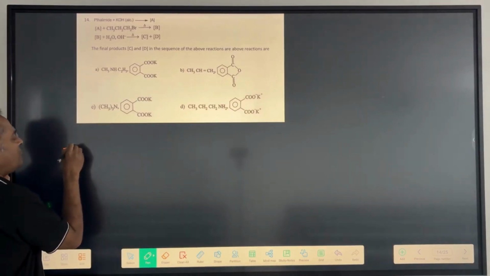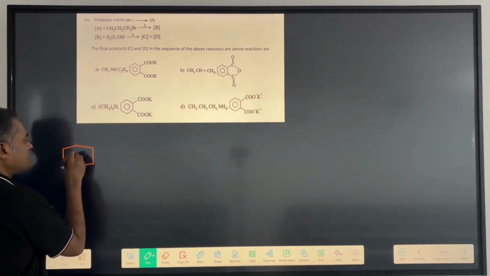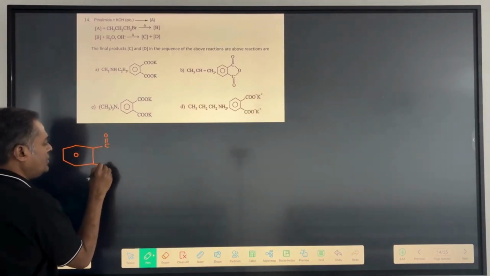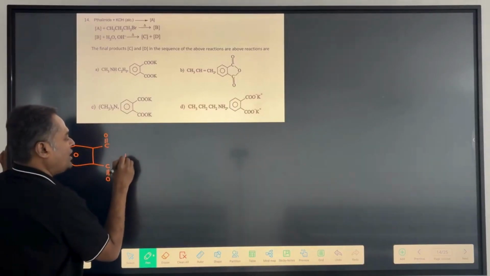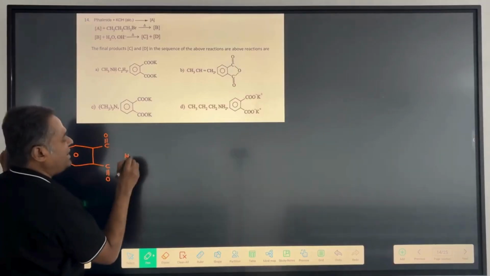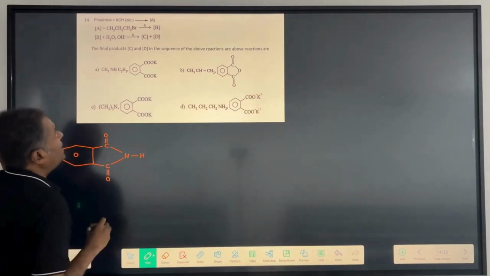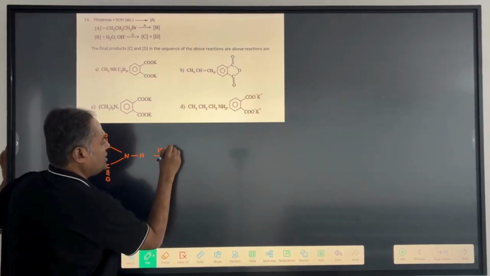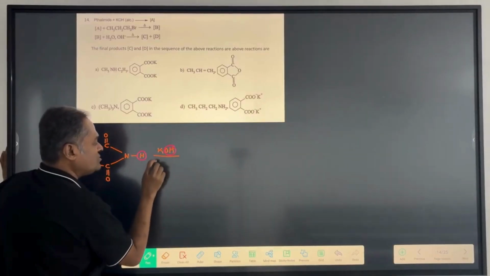It's nothing but derived from phthalic acid. So, here this is a benzene ring containing over here a carbonyl group. Over here also there is a carbonyl group, and instead of OH, now I will have got an imide linkage. Imide is something called a secondary amide. So, I have got over here this bond. Now, the treatment is with KOH. When you start treating with KOH, what will happen? First, the initial part, a salt formation can take place.